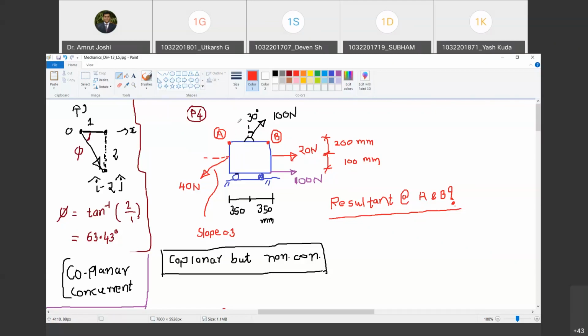Do you agree with me? Yes, sir. And how do I find out the moment by the 100 Newton force at A? I will have to extend this line of action of 100 Newton. From A, I will have to drop the perpendicular, and then that distance d multiplied by 100 Newton is going to be its effect. Do you agree with me?